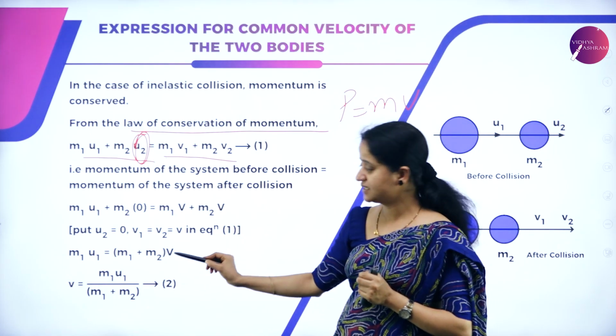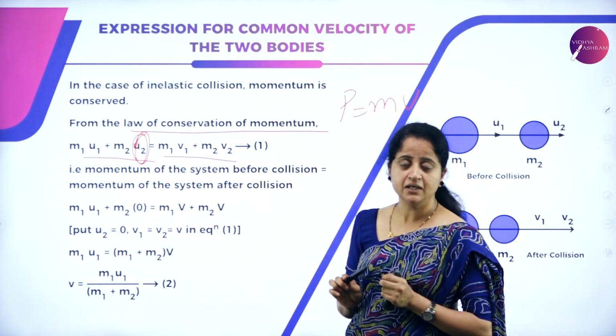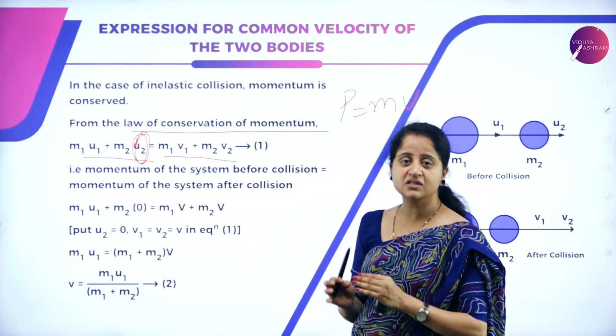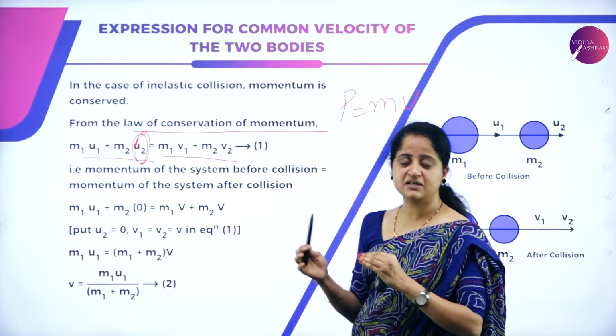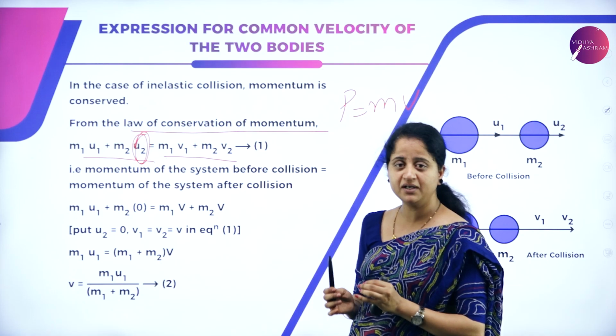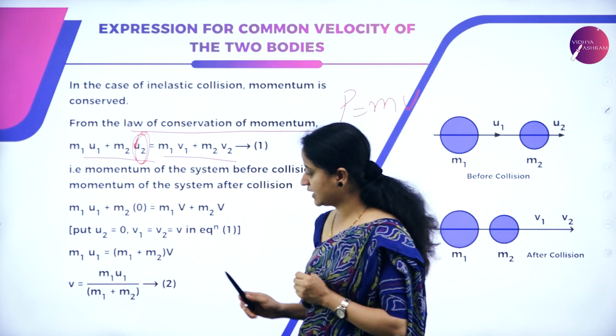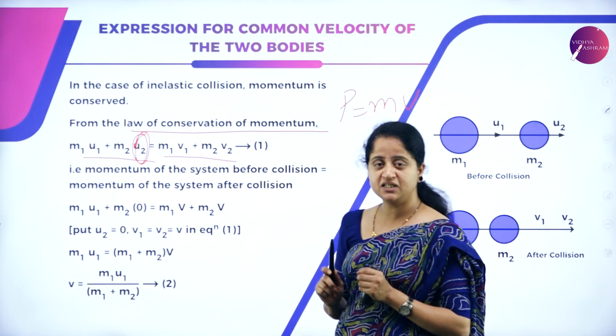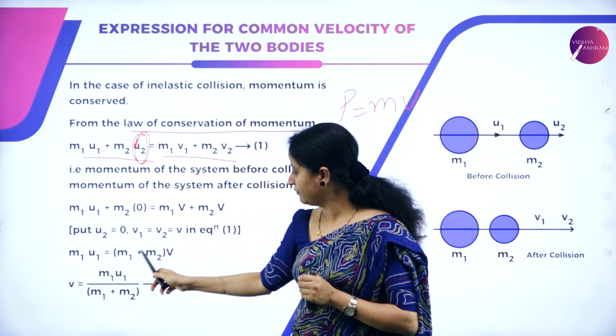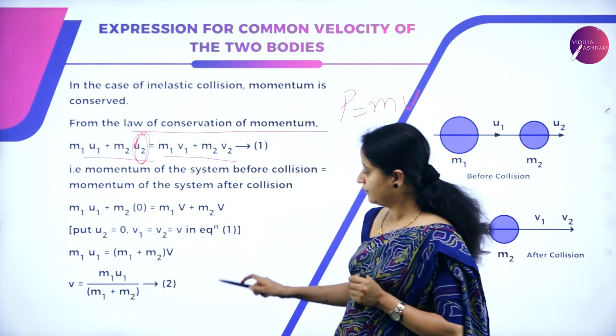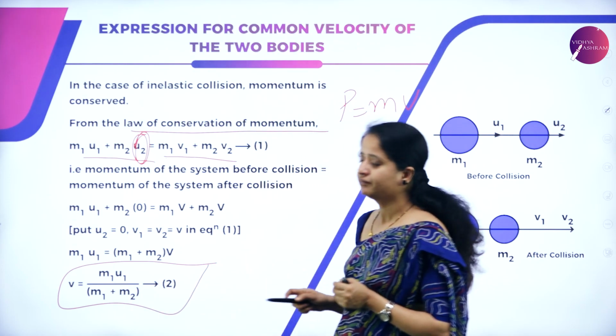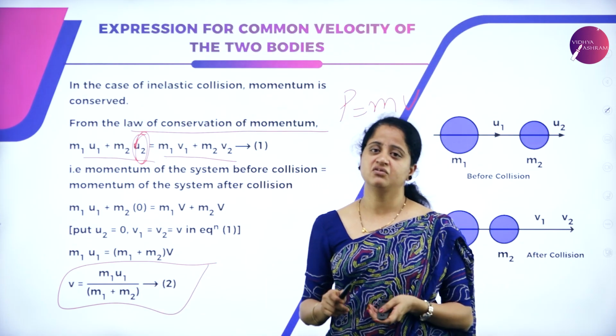Taking v common, we write m1 plus m2 into v. Why is it common? Because after collision both the masses travel in the same direction with common velocity. From this we can write the expression for velocity, that is v is equal to m1 u1 divided by m1 plus m2. This is equation 2, the expression for the common velocity of the two bodies.